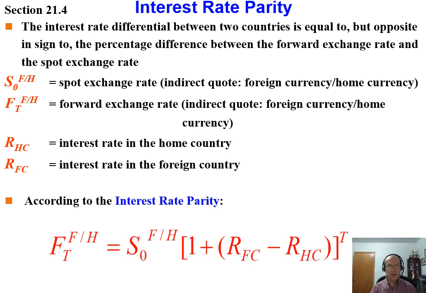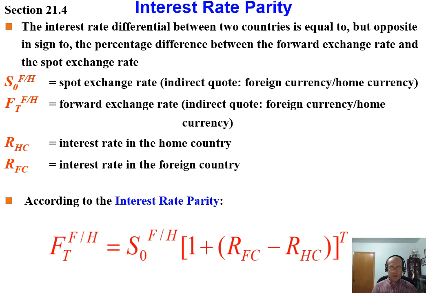In this case, according to interest rate parity, the forward rate will be equal to the spot rate multiplied by 1 plus the interest rate in the foreign country minus the interest rate in the home country, raised to the power of t.